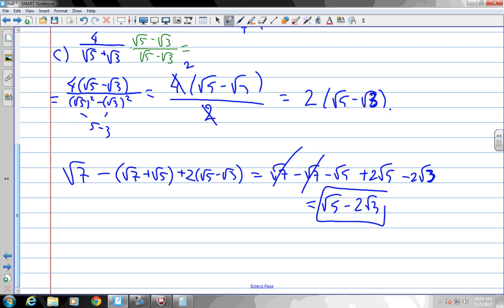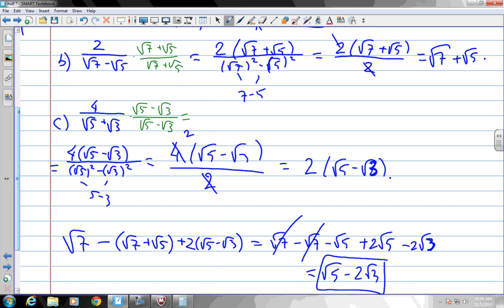So, a lot easier. Well, I had 2 square roots of 5, but then minus square root of 5, so that combined into just 1 square root of 5. Right? I'm just combining like terms. So it's minus 1 plus 2, which still leaves you with 1.